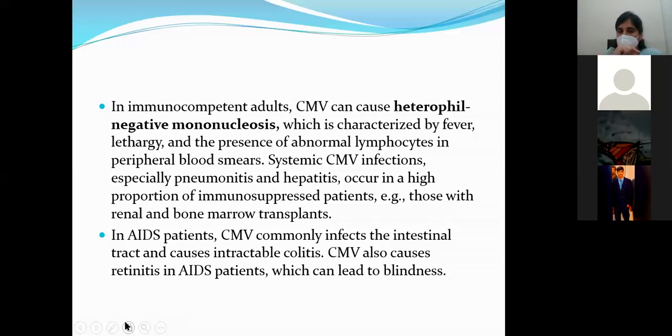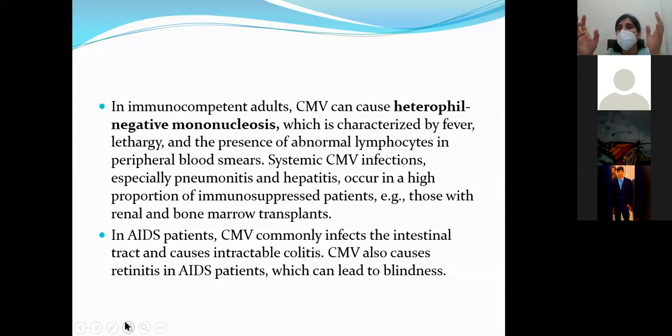Systemic cytomegalovirus infections, especially pneumonitis and hepatitis, occur in high proportion in the immunosuppressed patients, those with renal and bone marrow transplants. So, as I told you, mostly it causes congenital abnormalities in the neonates.